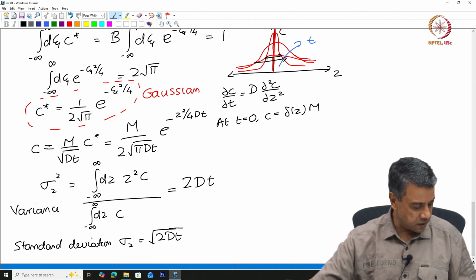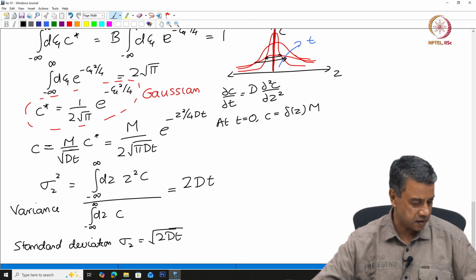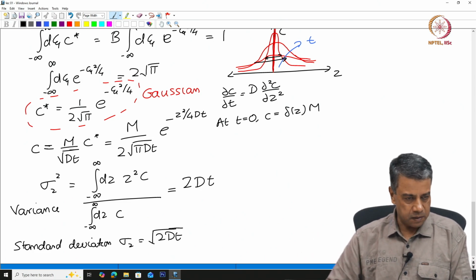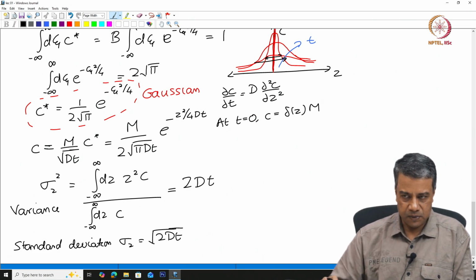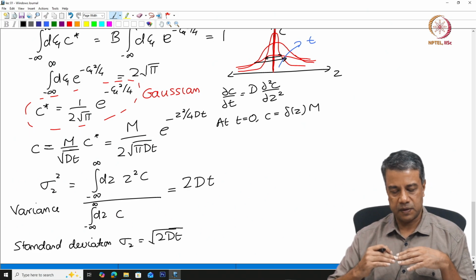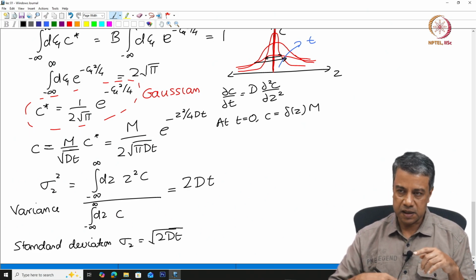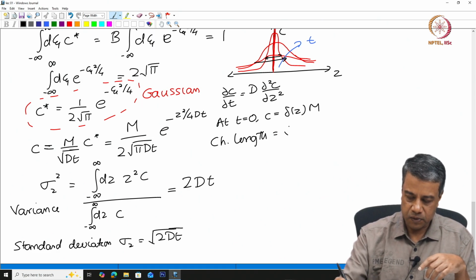So, this gives you the variation in the concentration field. Basically if you inject a mass per unit area at a particular location, a plane, that will spread, and as time progresses the mass diffuses. The characteristic length for diffusion once again is root of dt.